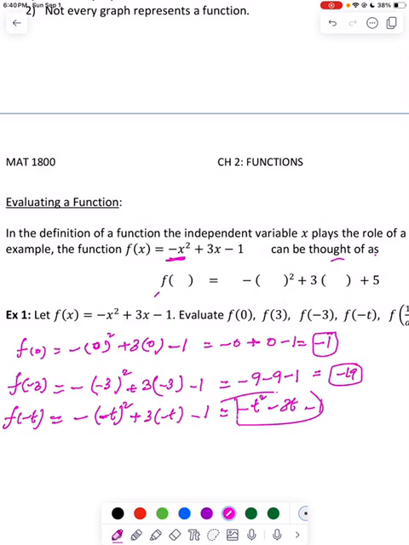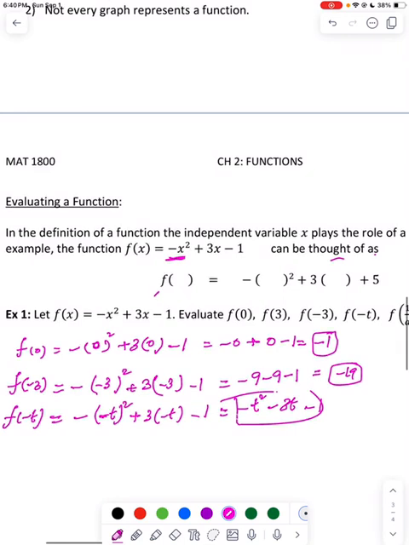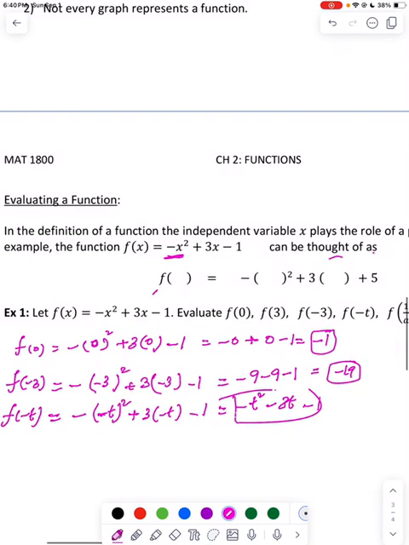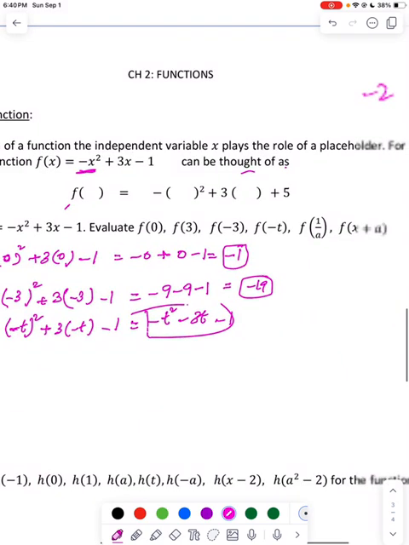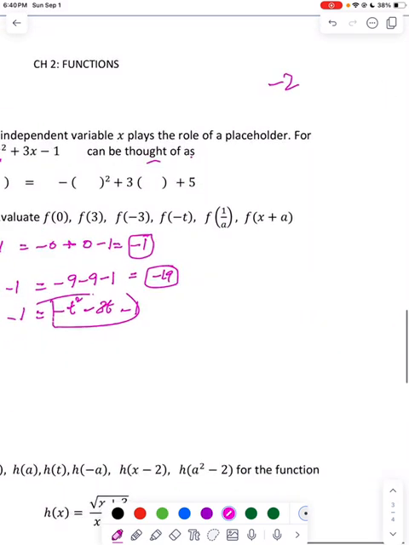So f of 1 over a. And then f of x plus a. Okay, so f of 1 over a. I'll let you guys try, let's see what you get.